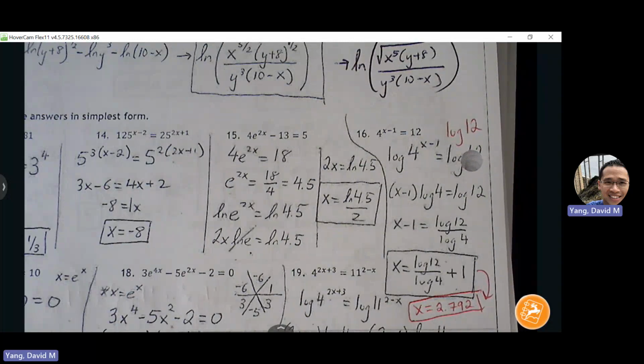Log 12 over log 4 gives me a decimal value of 1.79. 1.79 plus 1 is equal.